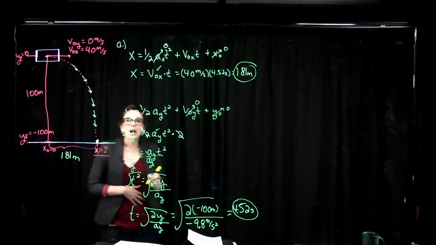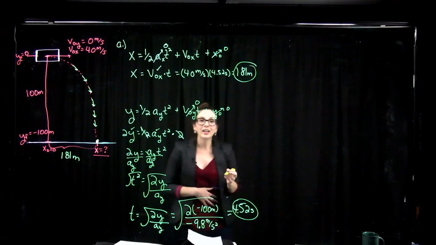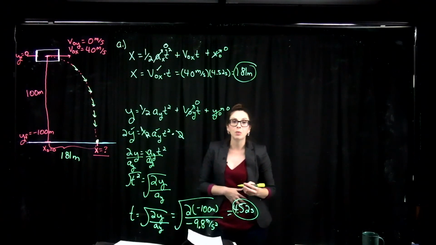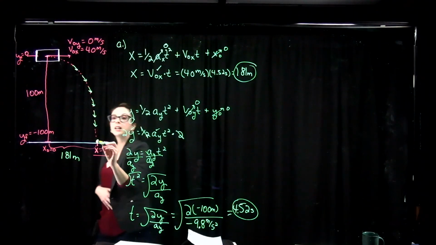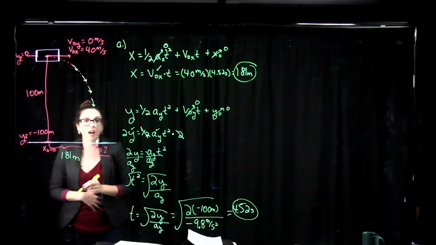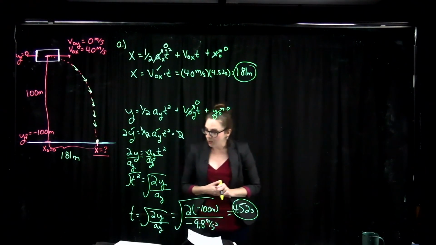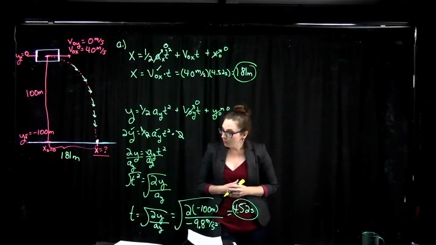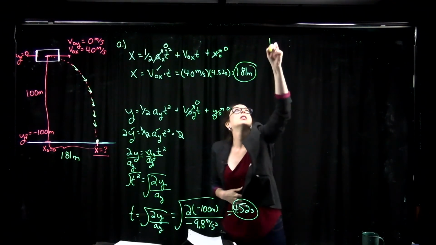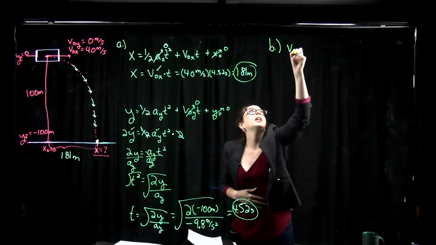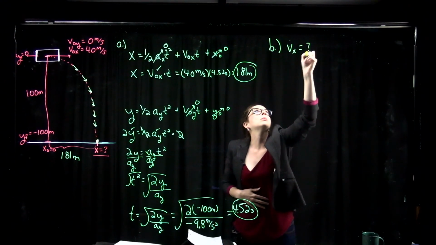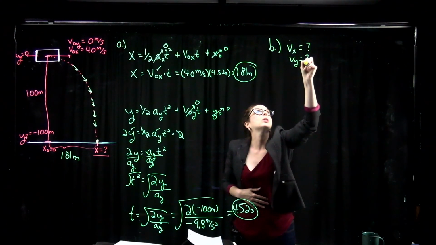That velocity vector has both an x component and a y component. So whenever it gets here to the ground, it's going to have both an x component and a y component. And so that's what it's asking here. What are the horizontal and vertical components of the package just before it hits the ground? So Vx equals question mark, Vy equals question mark.